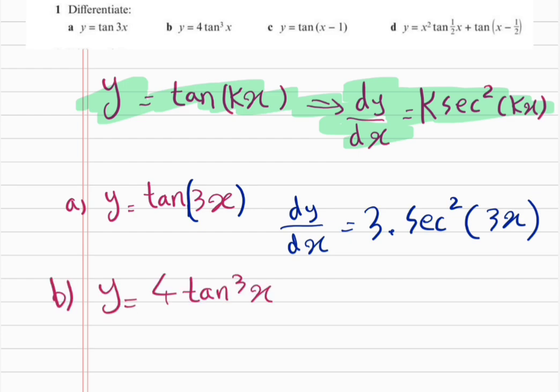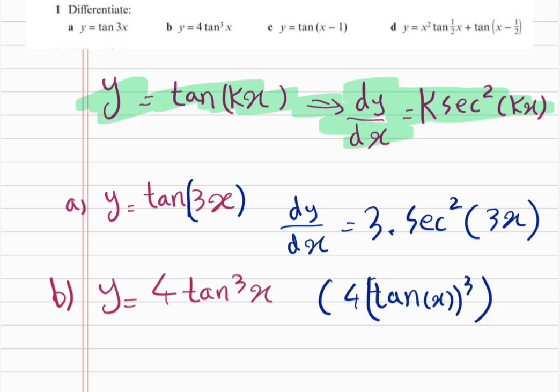Okay, part B is more interesting because we have 4 tan cubed x. So this one is interesting because just to mention that here, this is the same as having something like this. So basically what this represents is 4 times tan x cubed.